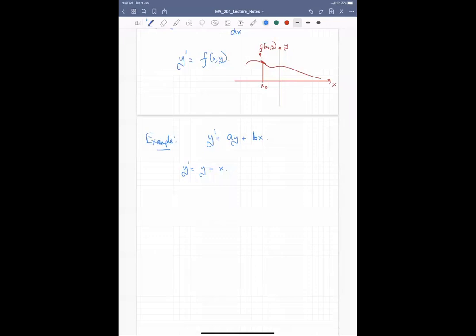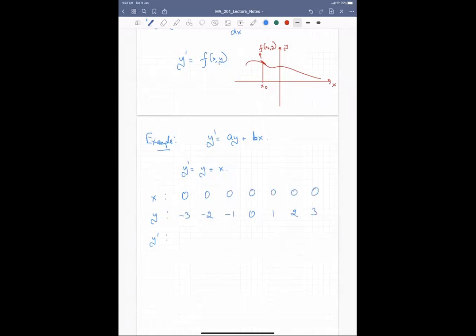Let me fix, for example, x equal to 0, and then I'll look at various points y, and at each point y, I'll fix what y prime is. Since y prime is y plus x, let me look at y from -3 to +3. So I'll fix y to be -3, -2, -1, 0, 1, 2, and 3, and I'll fix x to be 0.